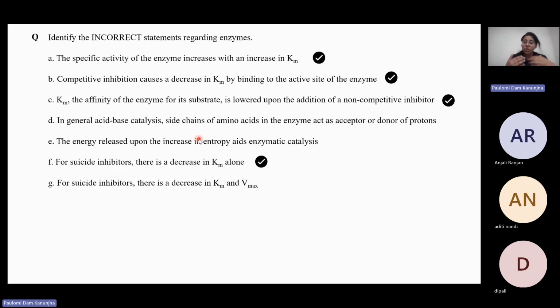But what I was referring to was an enzyme catalysis reaction mediated in a step by the release of bound water. When you have that release, which increases the entropy, and we know that there is water-based catalysis, in that sense you do have an aid in the enzymatic catalysis. So unless it is specified clearly in the question, just go with the general assumption, and in that sense it is incorrect. I hope it makes sense now.